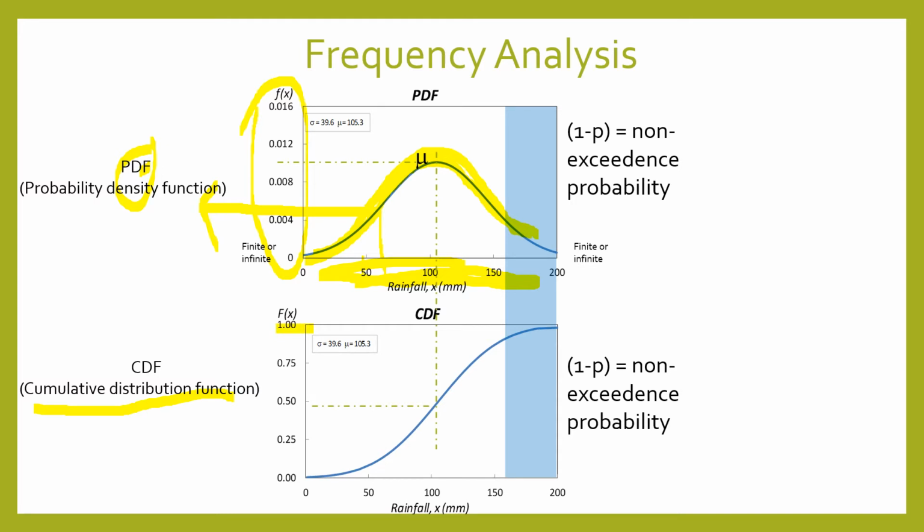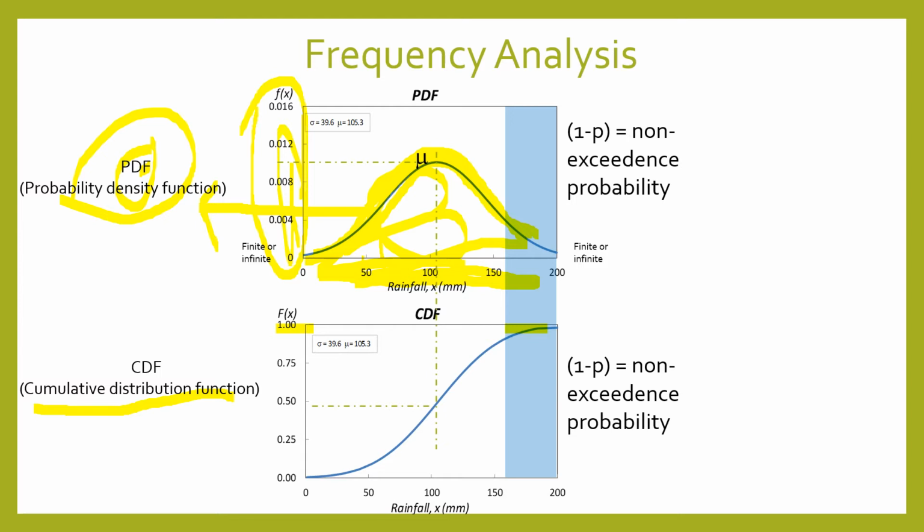For the PDF, if we add all this probability according to each data, we get 1. So if we add the PDF, we will get 1, and for the cumulative distribution function, the highest value is 1.